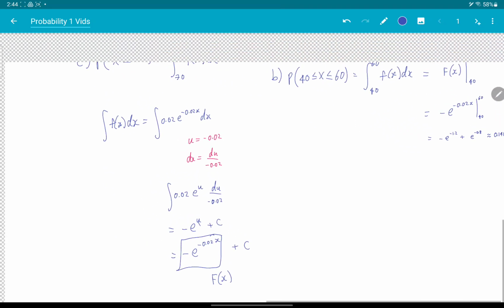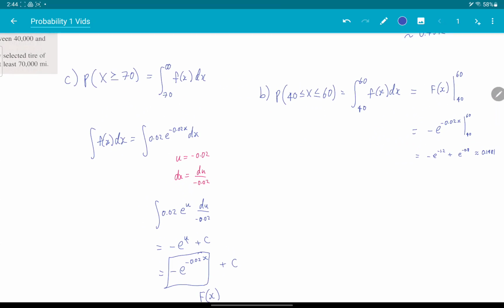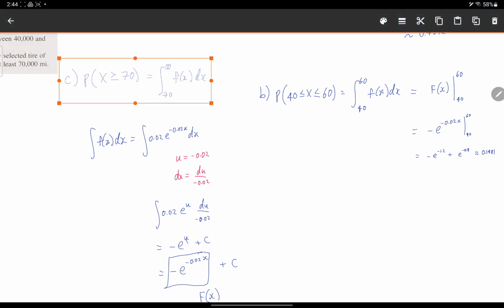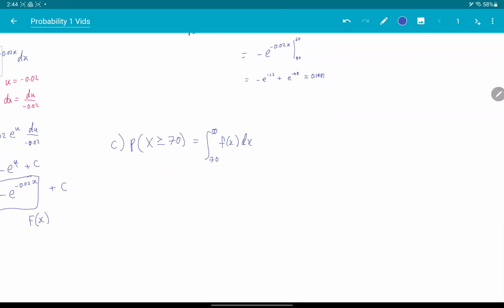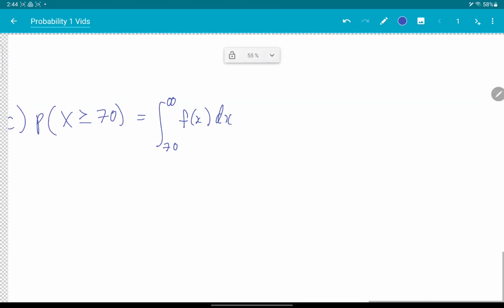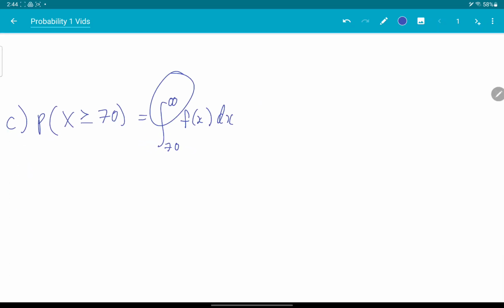C. So here's my part C. Bring that down here. This one's going to require an improper integral because I got that infinity there. So I straight away bring in a limit, t going to infinity.